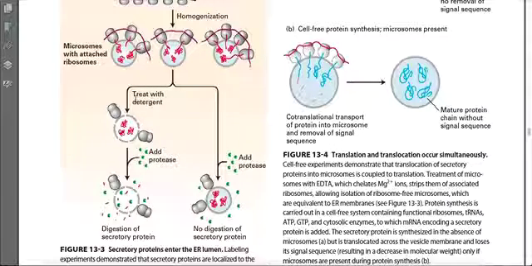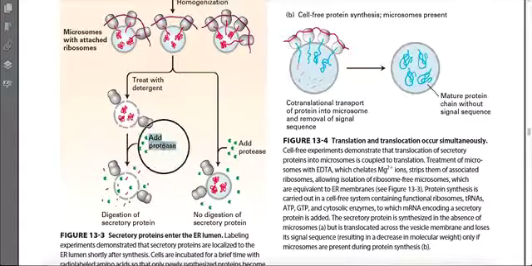One, in pathway 1, you treat these microsomes with detergent. Once you treat microsomes with detergent, it perforates the membrane of the microsomes, and after that the added protease percolates inside the microsome vesicle and digests the secretory protein.